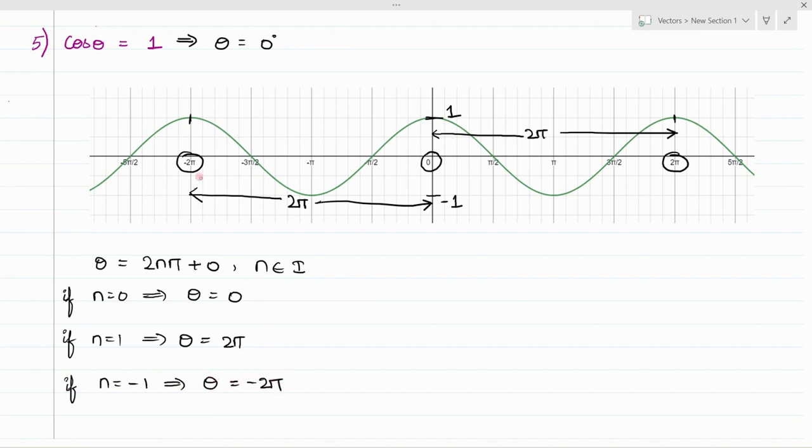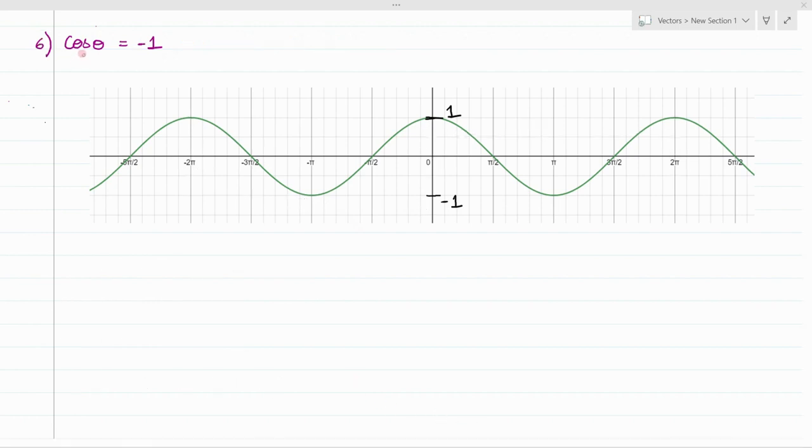Yes, this is also correct because at theta equal to minus 2 pi, the cos value is also 1 according to the graph. So the solution for theta when cos theta equals 1 is 2n pi where n belongs to the integers. So this is the solution of theta when cos theta is 1.